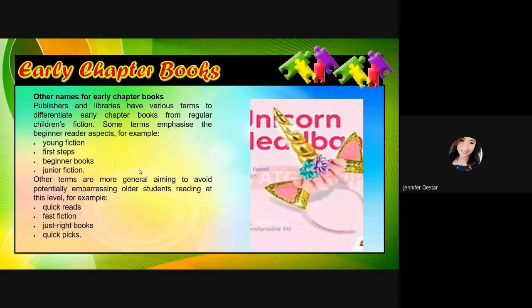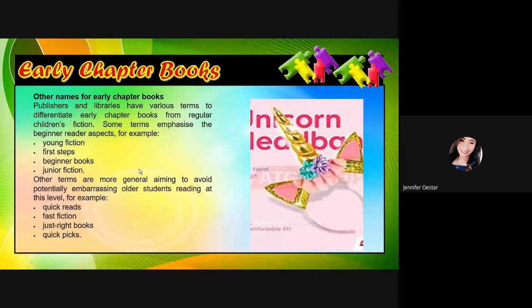Yeah, Judy Ann, you raise your hand. You want to add? Yes? So to continue, the terms change because older children might feel embarrassed if they were given young fiction, first steps, beginner books, and junior fiction.